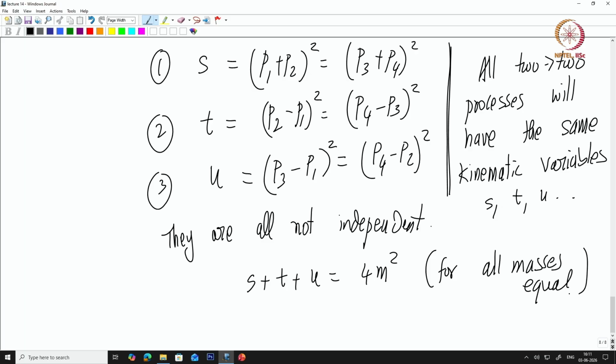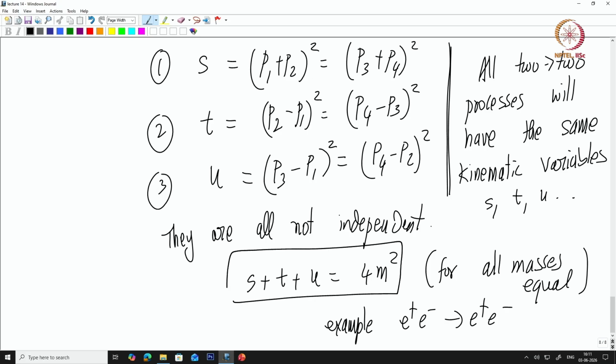That means all of the masses are m, say for example e plus e minus going to e plus e minus. So the masses are all the same. This gives you one of the first nice ways of understanding all possible scatterings which you can have in a given system.